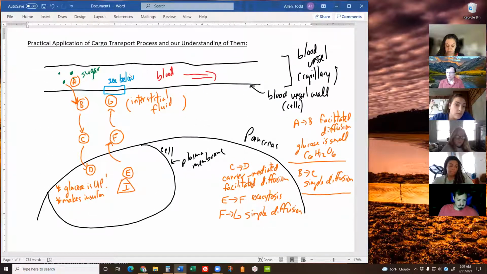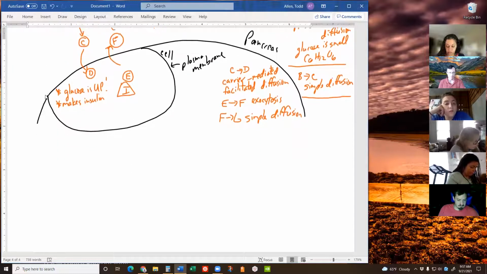So folks, I apologize. I don't have enough screen space here. So on the count of 3, I'm going to go low and redraw part of the blood vessel. Here we go. I'm going to go down.